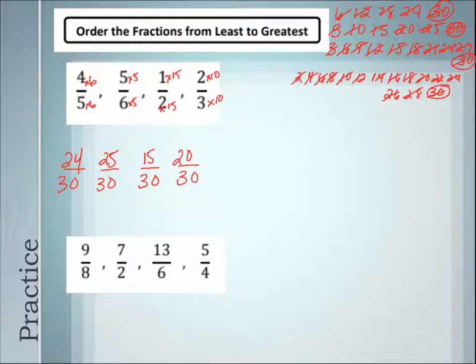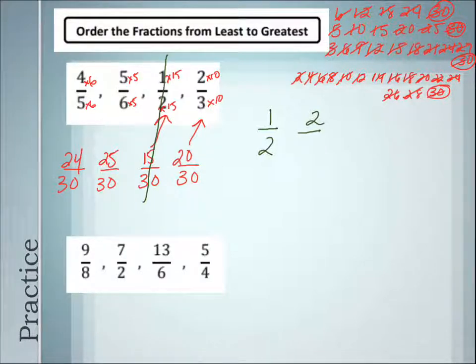So now what I want to do is put these in order, but I need to use my original fractions. So look at my numerators. My smallest one is 15. Well, that original fraction was 1/2. So 1/2 must be my least, and I'm going to cross it out with one line so I know that I'm done with it. Well, after 15 is going to come 20, and 2/3 is the fraction that matches 20 over 30.